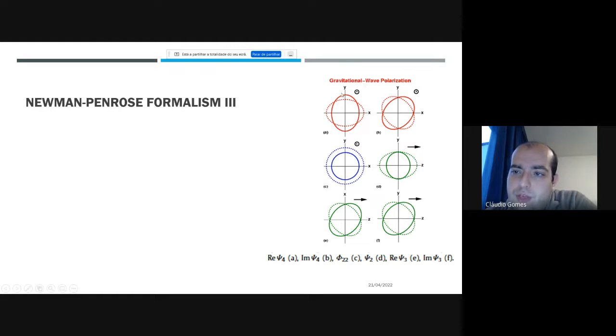These polarizations, I think you should be more familiar with now, as we have seen in the linear formalism of general relativity. This is the so-called plus, sorry, and cross polarizations. So you remember that this circle is being stretched and compressed in opposite directions.